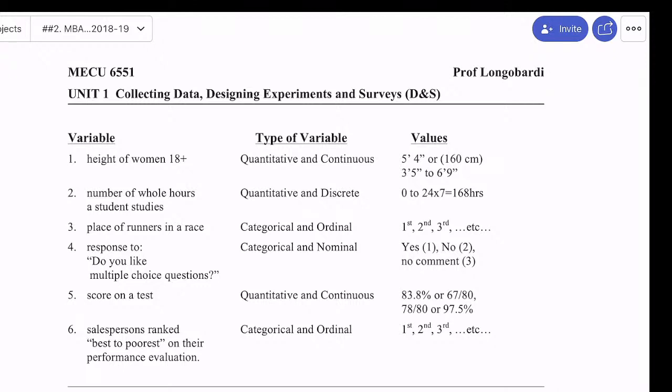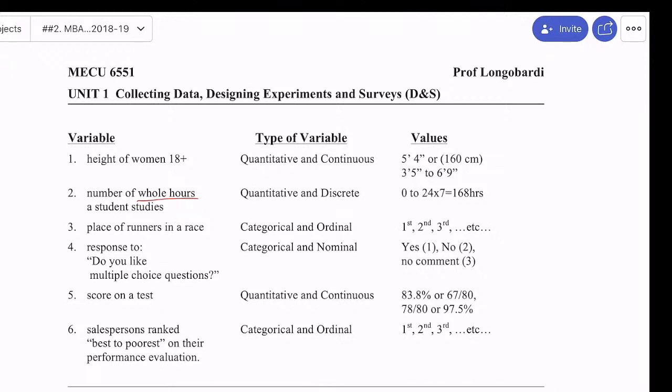The number of whole hours a student studies, the word whole is the tip that you want to talk about the discrete numbers. Okay, so remember, discrete are 0, 1, 2, 3, and so on.